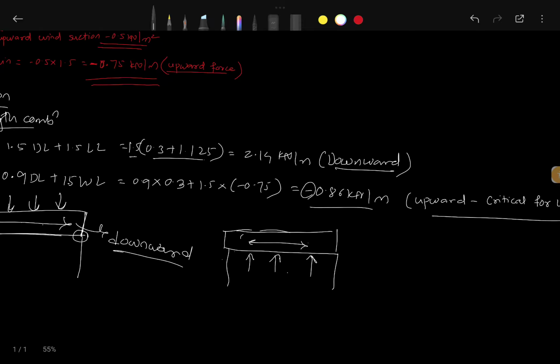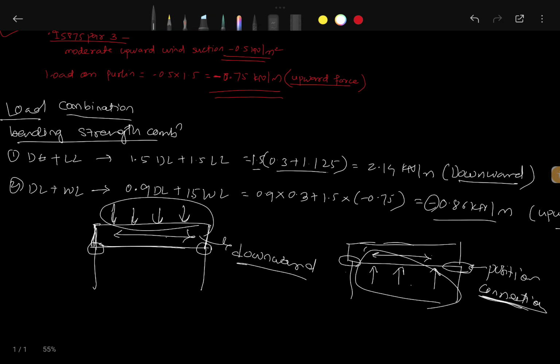So for that, we design the connection more accurately to hold this member in position. Therefore the connection detail is very important when we design for uplift force. For downward load, connection design is also proper, but if we increase the member capacity, then the member can also withstand the downward load.